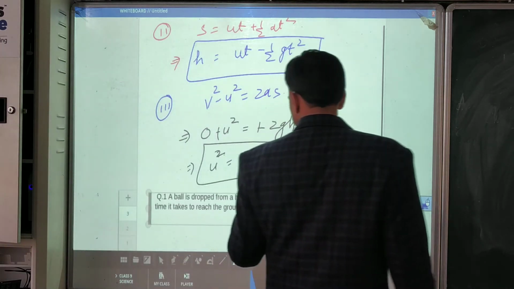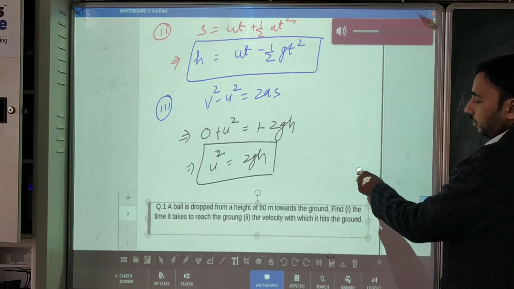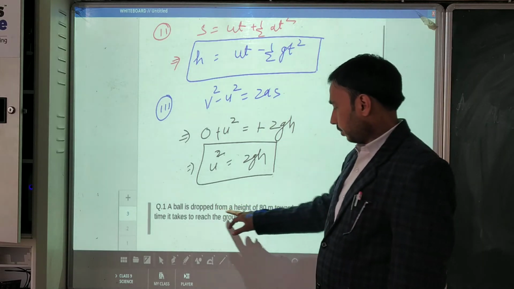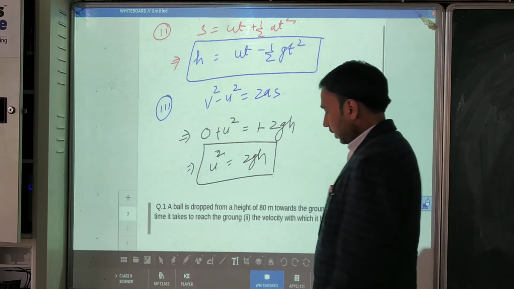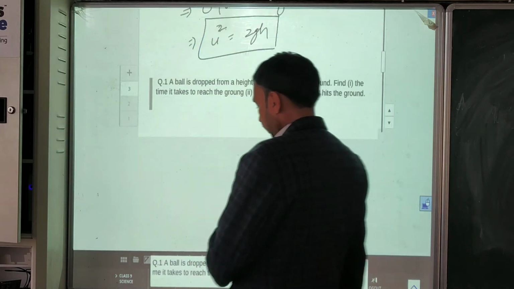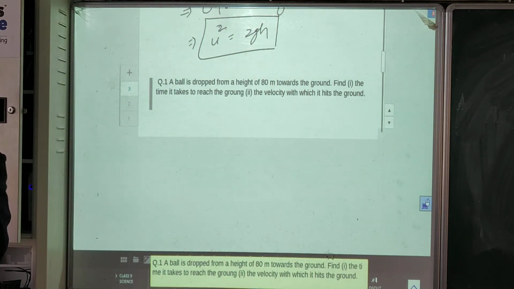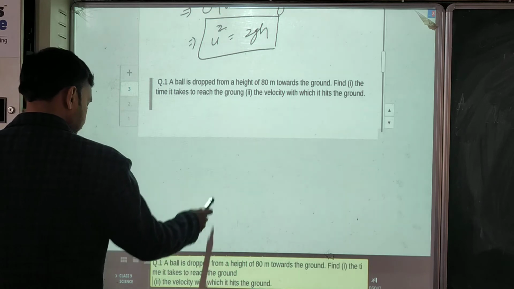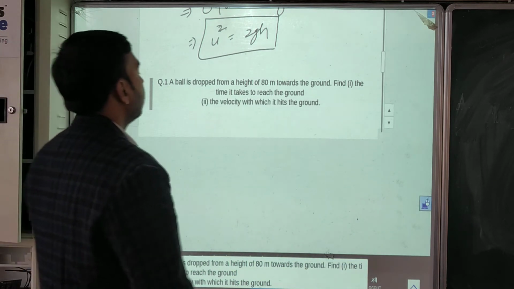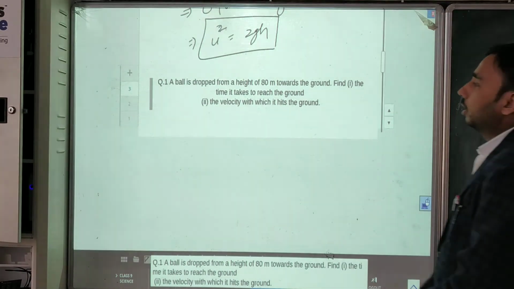As you can see over here, the question is clear to all of you. A ball is dropped from a height of 80 meters towards the ground. Find the time it takes to reach the ground, and then the velocity with which it hits the ground. This is the question that you will have to answer.